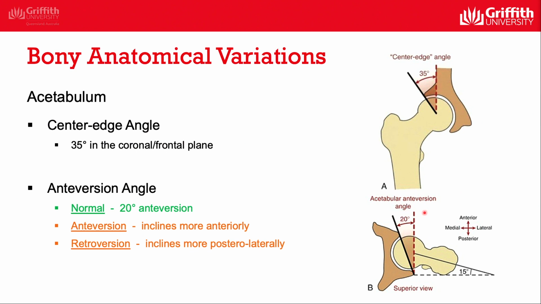So here is anterior, here is posterior. Because of this angle that you see here of anteversion, there's going to be a greater ability to flex the hip, so the hip going forward, than there is in extension. Okay, so this anatomical variation in the acetabulum will also dictate some of the movements available at the joint.